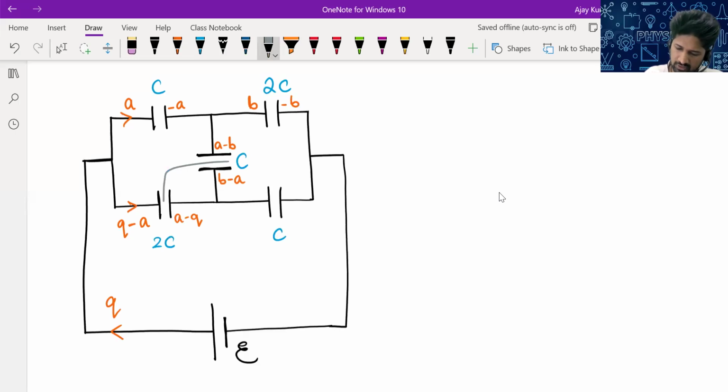Now there's one more isolated region here. We know the charge on two plates of that isolated region. Tell me the charge on the third plate quickly.